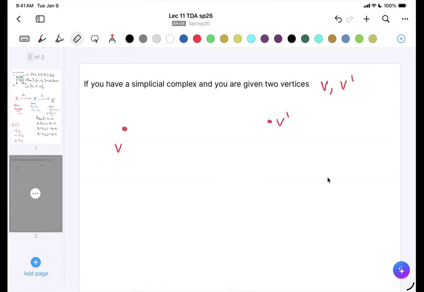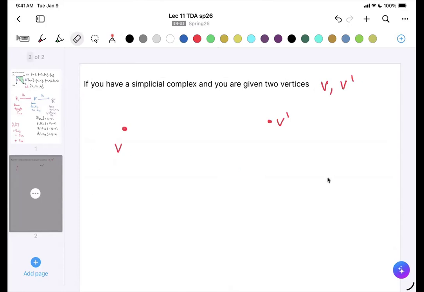Literally that you can find a sequence, a list of edges in the simplicial complex, where the first edge starts at V, and if you concatenate them, you terminate at V prime.